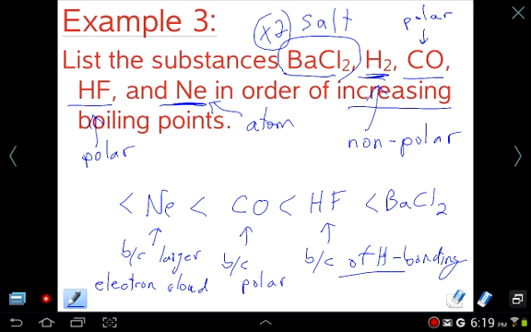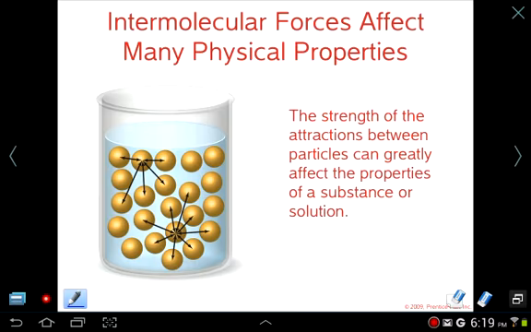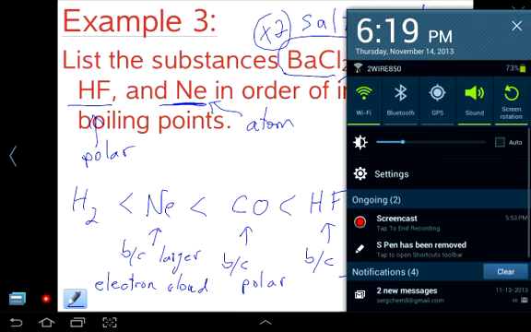So finally, hydrogen is first in this order. Hydrogen is the second lowest boiling substance, right after helium. So this should be the arrangement here. And again, we're arranging them in terms of the strength of their intermolecular forces. So this should conclude, I believe, lesson 1 of chapter 11.